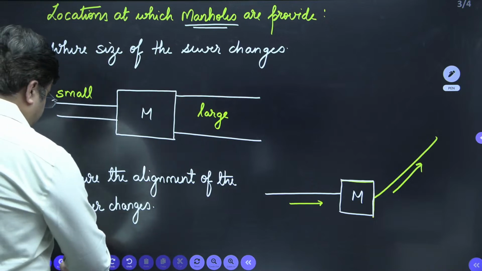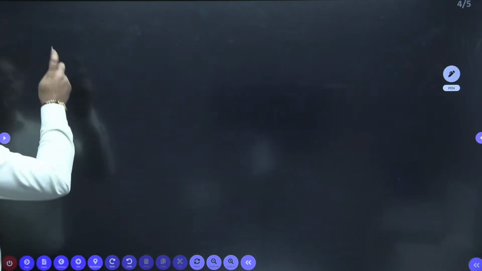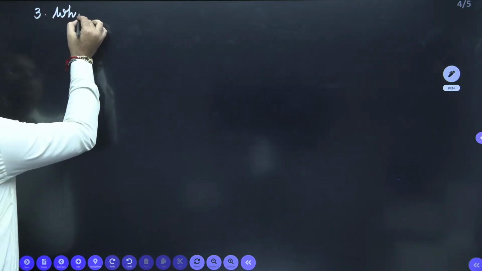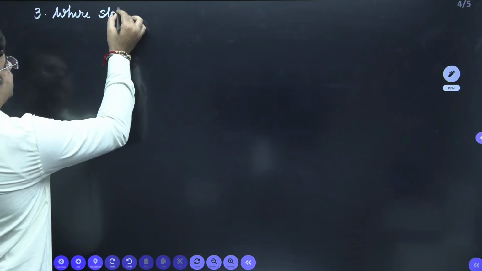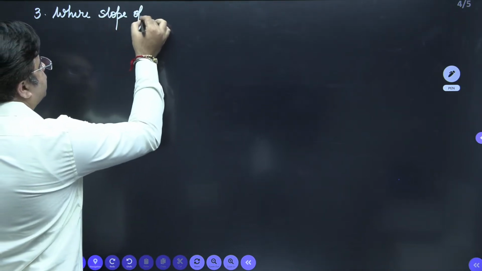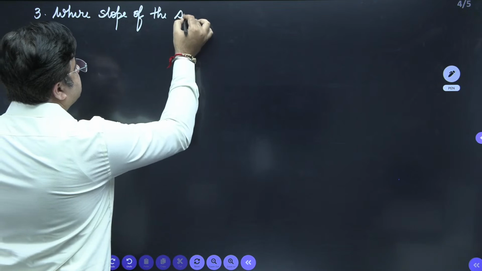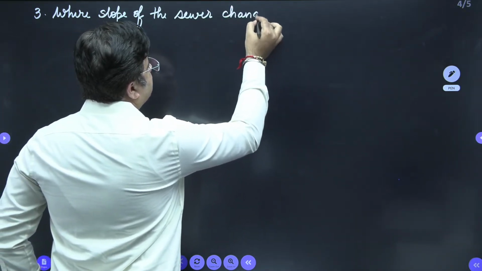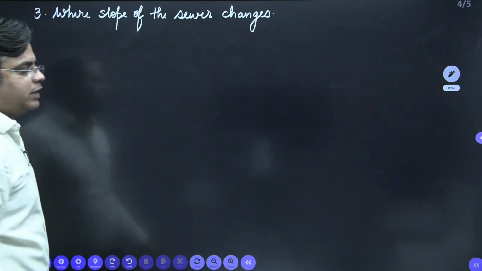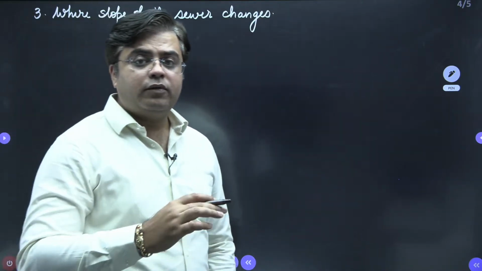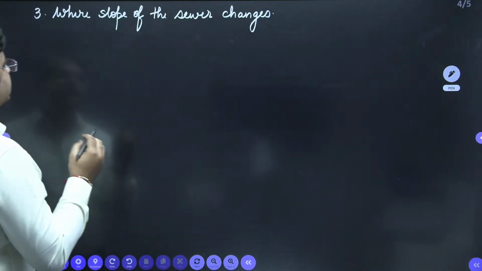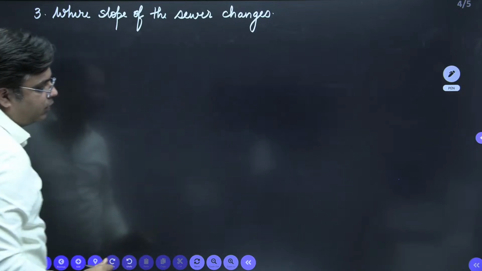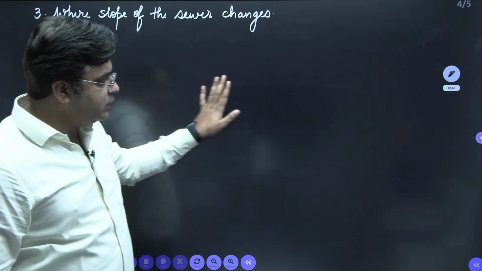Now the third location where you need to provide the manhole is where the slope of the sewer changes. For example, if you take the longitudinal section, this is the direction in which the sewer is laid.